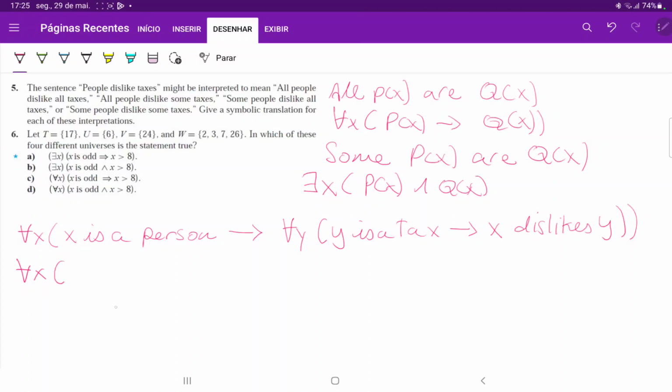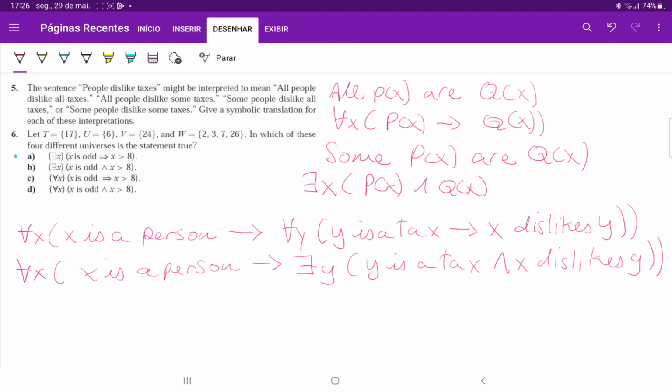So for all x, if x is a person, same reasoning, then there exists a y such that y is a tax and x dislikes y. So we're saying, if x is a person, then there exists at least one y such that it's a tax and x dislikes it.